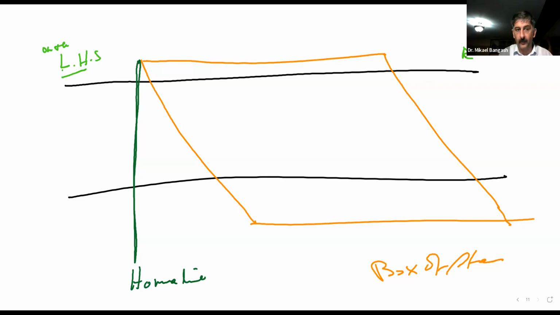Why do we call this one here the right side? Because that's the side of the screen on the right-hand side. Right-hand side of who? Of you. Did that make sense? Yes.